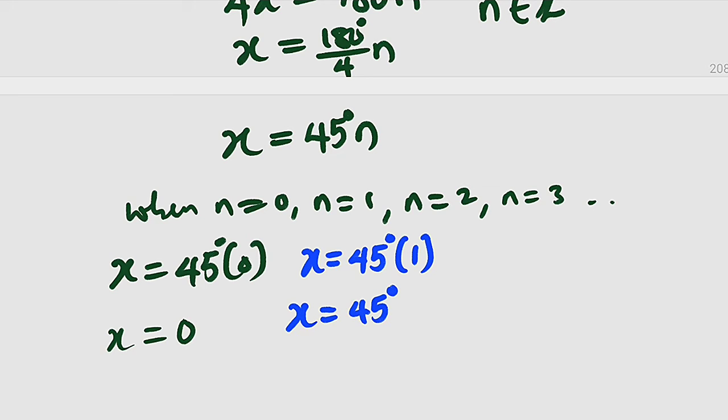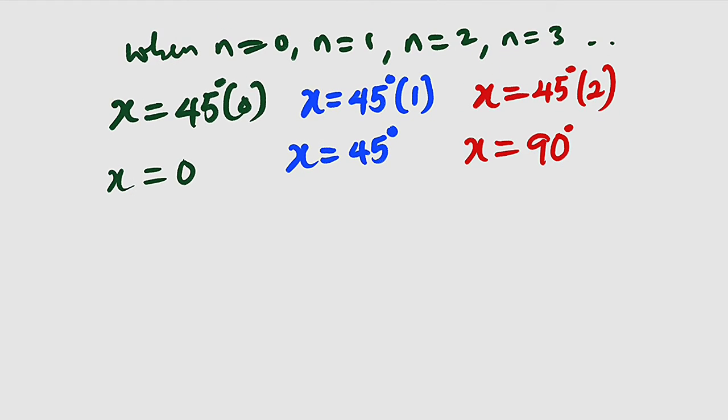We move on. When n is equal to 2, we have x equal to 45 degrees multiplied by 2, right? And this is equal to 90 degrees.